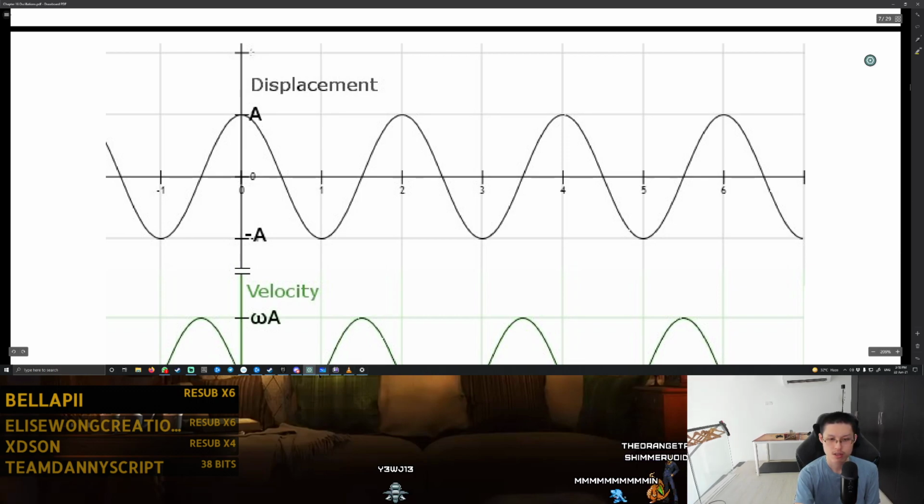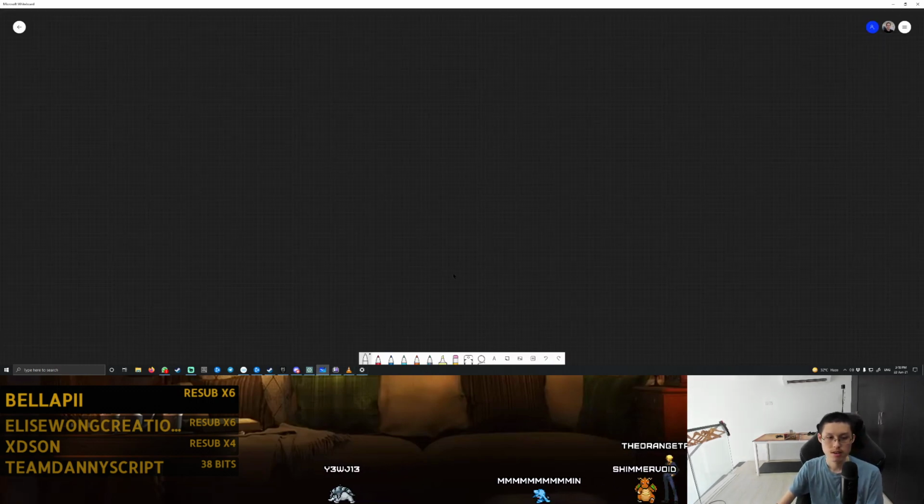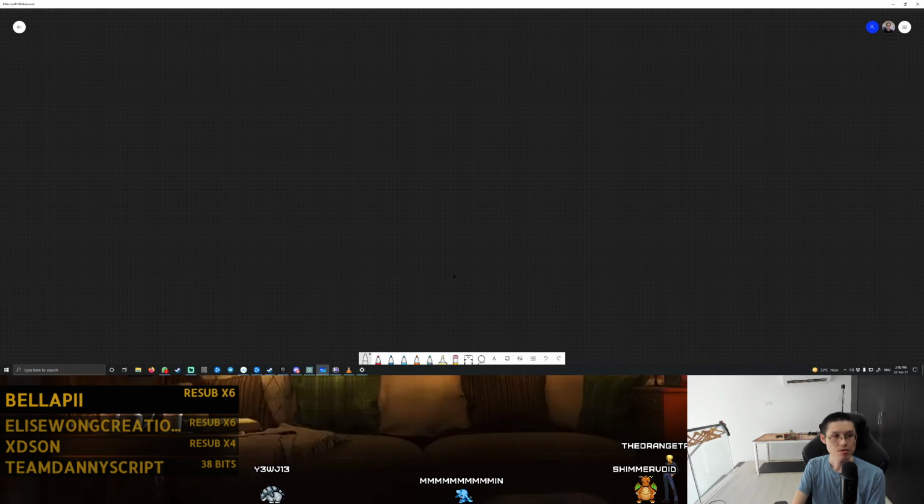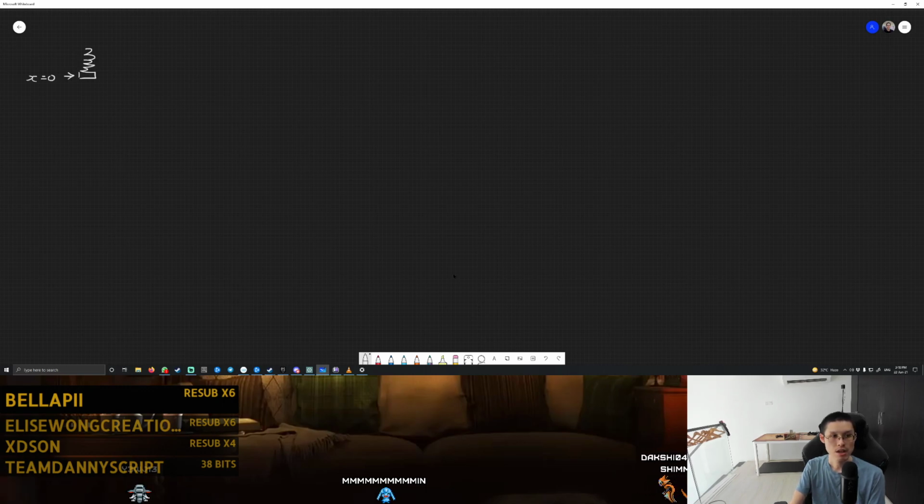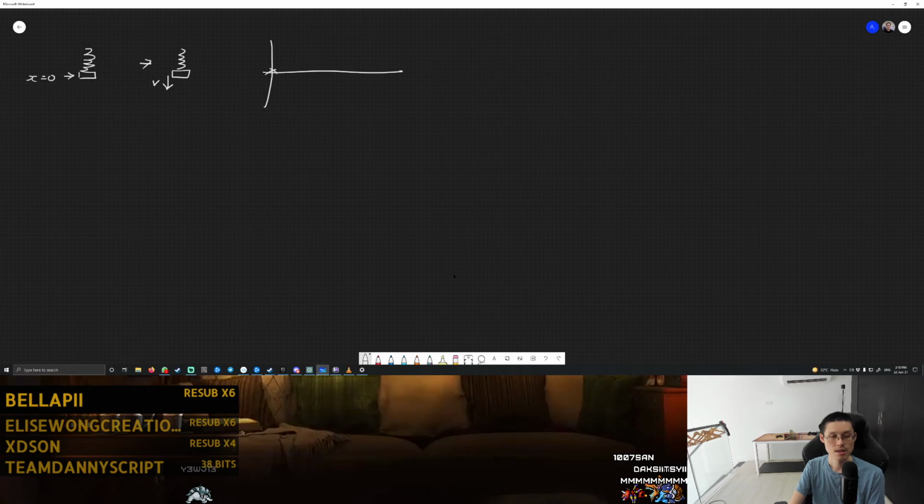Maybe I should just draw this out. So if you have a spring, and let's say this is the equilibrium position, so x is 0 here, and then you let go of the spring and it starts moving in this direction, which means the graph that you would get would start in the center, assuming this is a displacement-time graph, and you would go down, right?